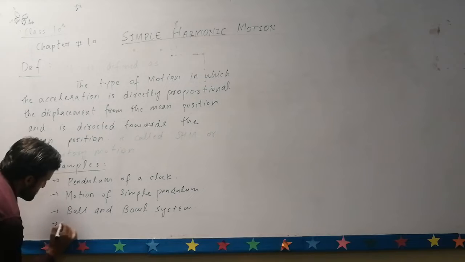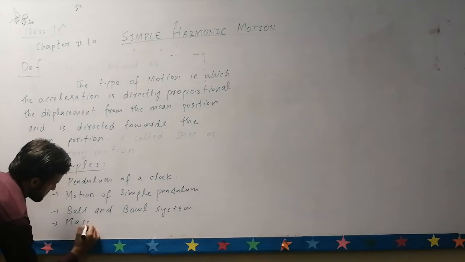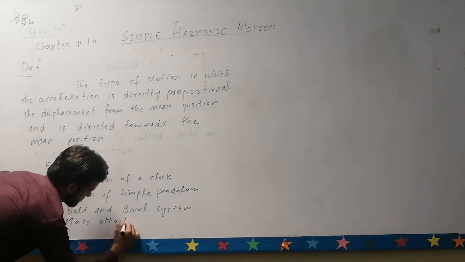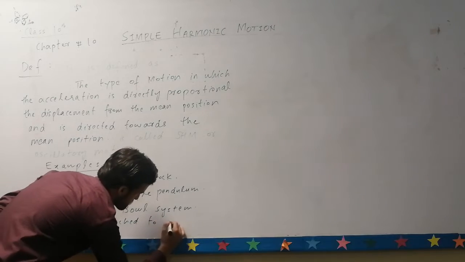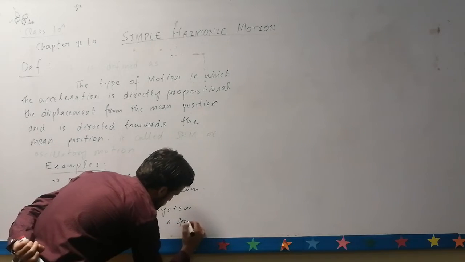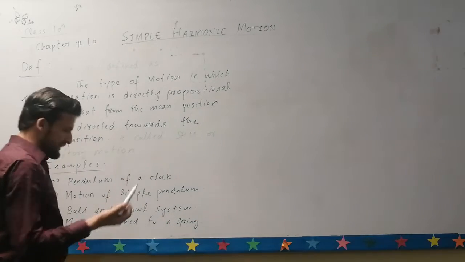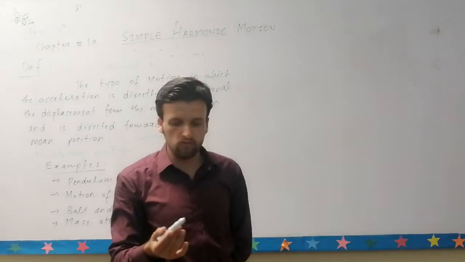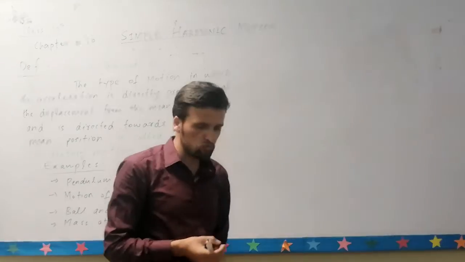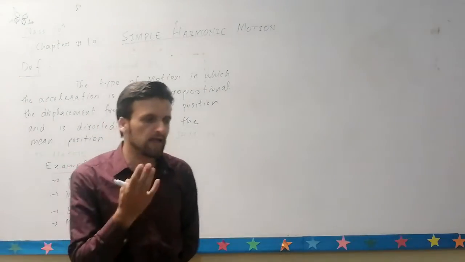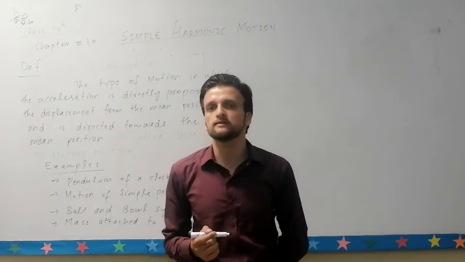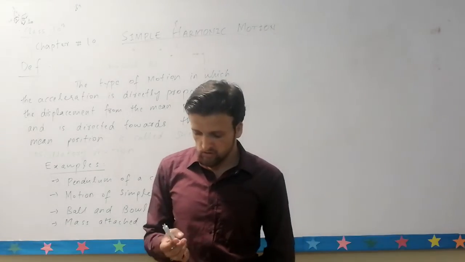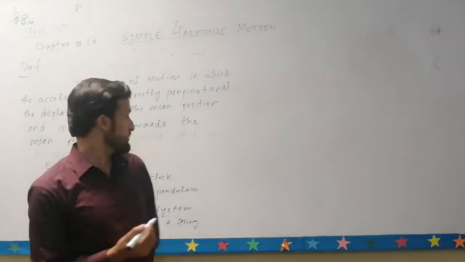The fourth one is the mass attached to a spring. Similarly, the motion of a seesaw which moves up and down is also an example of simple harmonic motion. There are many examples in our life whose motion is considered simple harmonic motion.